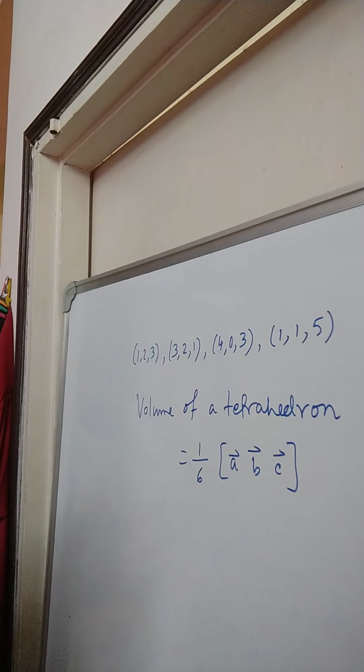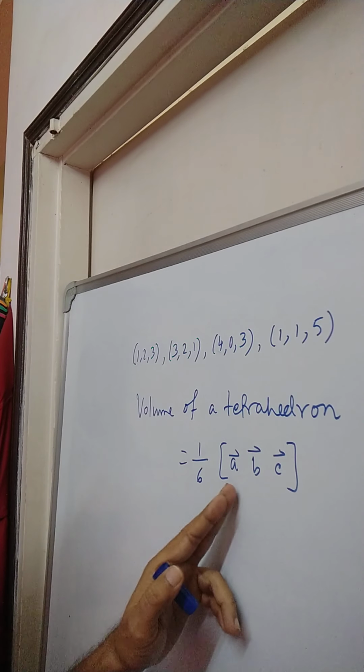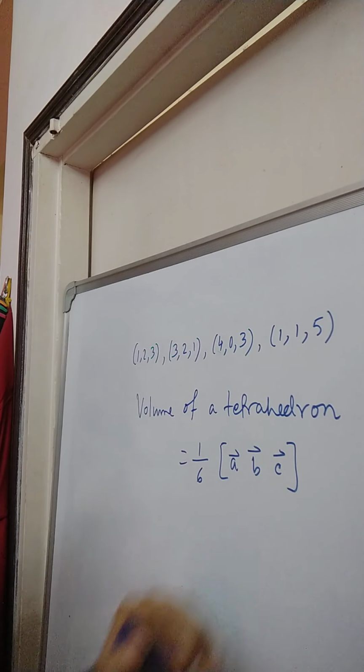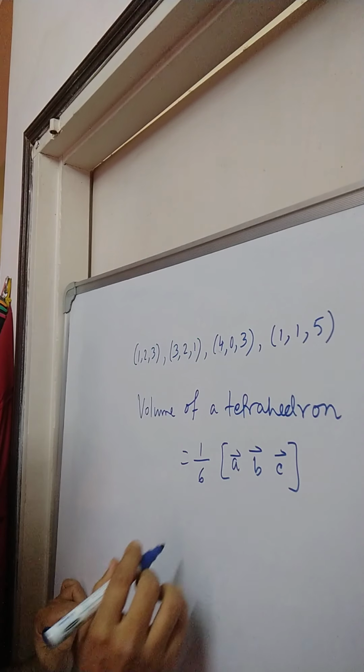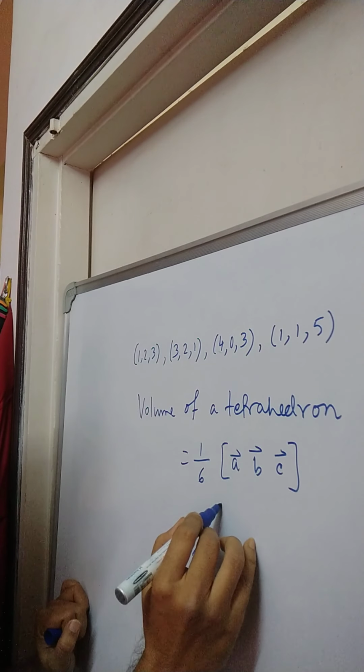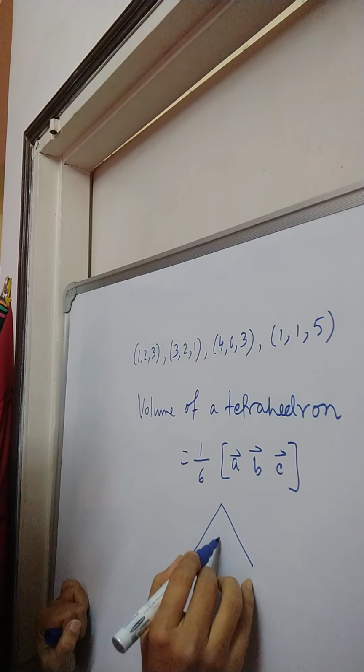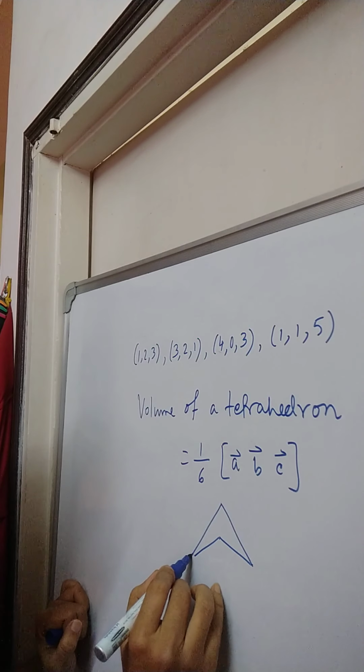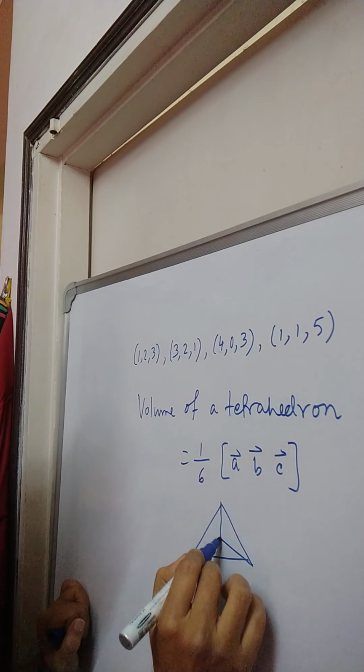provided these 3 vectors represent the 3 sides of a tetrahedron taken in order.